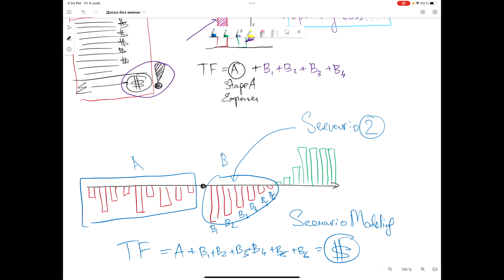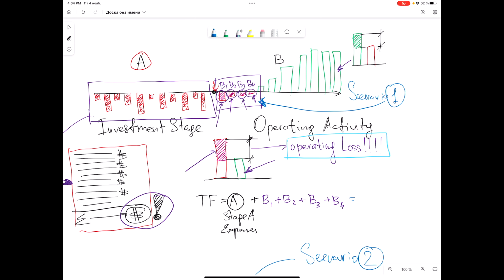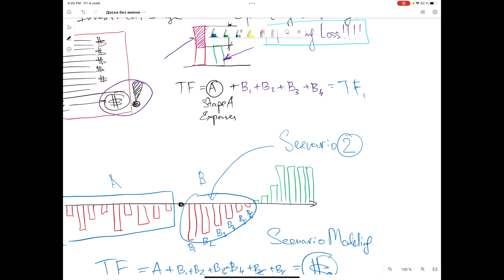And you can compare this value with this value, TF1 and TF2.